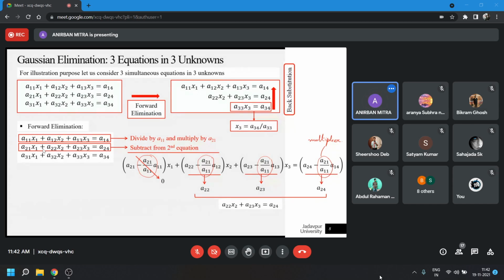Remember that this a22 over here in this modified equation is not the same as this a22, because there is some arithmetic operation that has been performed on that term. So these two a22 will not be equal to one another. Although here the representation is retained the same, they are not the same in actual value. Same for a23 and a24, their values have been modified.